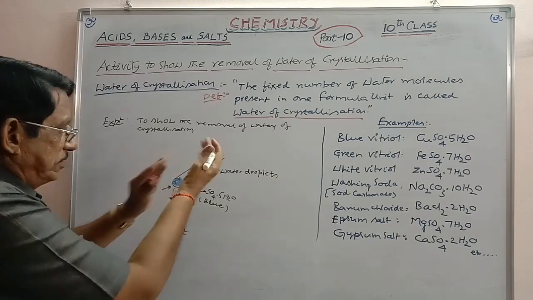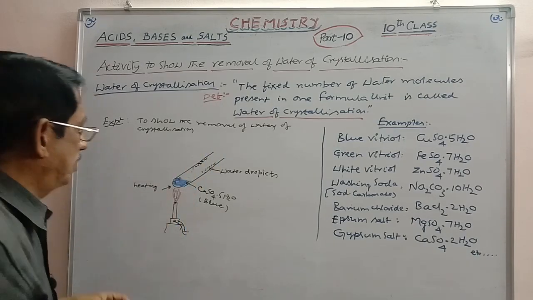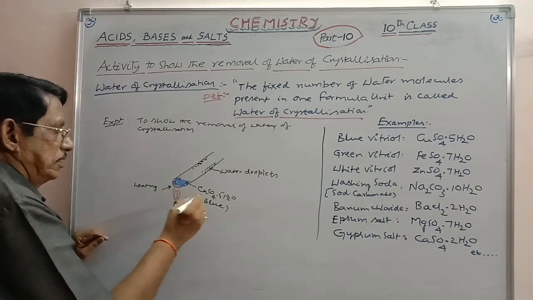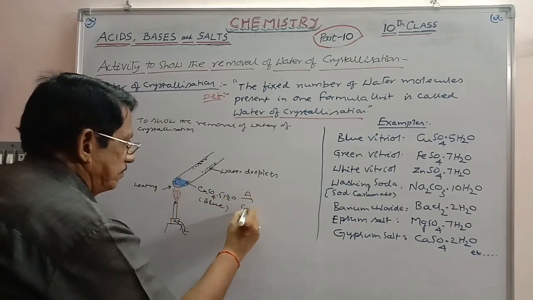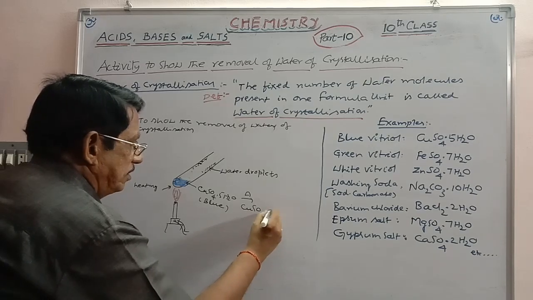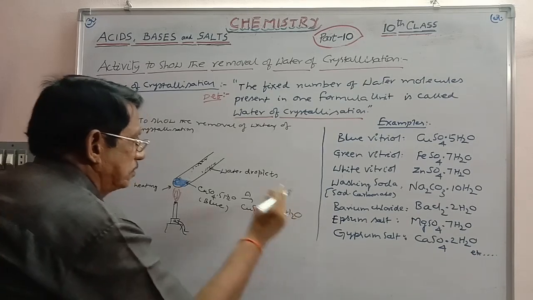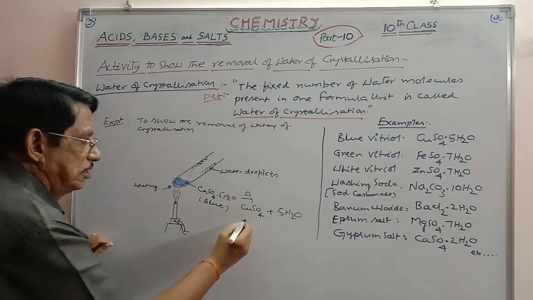So the water molecules separate from this. During heating, CuSO4·5H2O is converted into CuSO4 plus 5H2O. These are the water molecules, the water droplets.